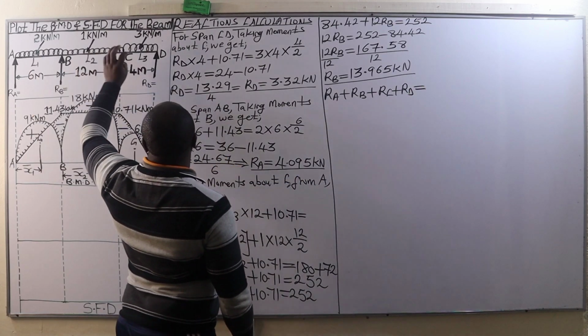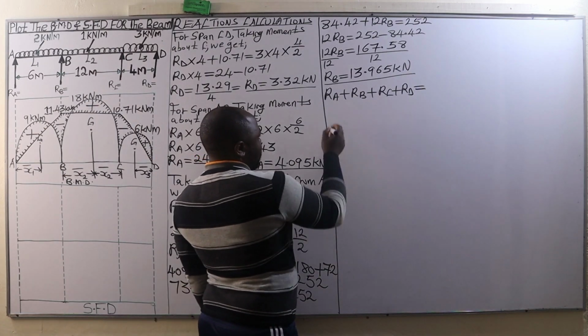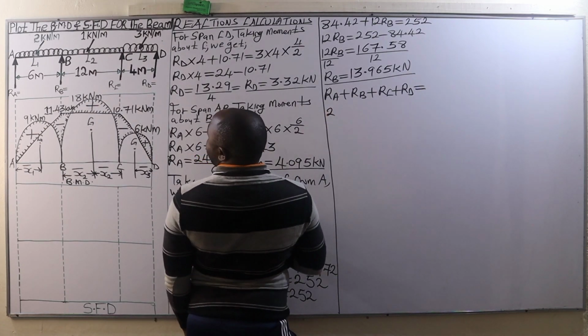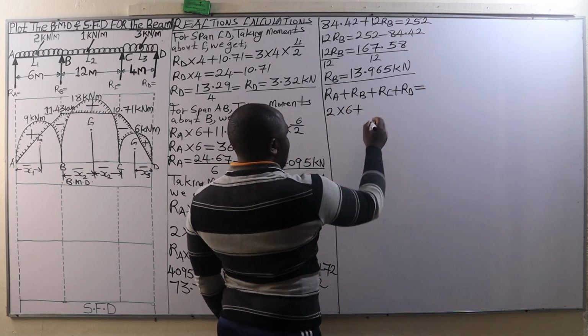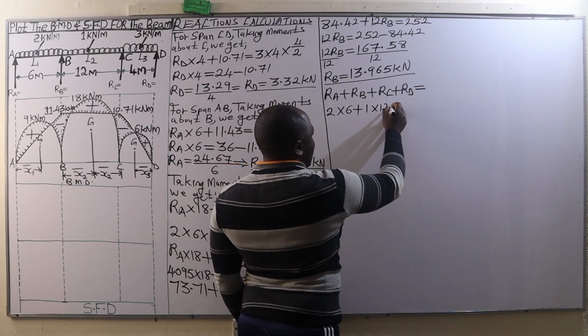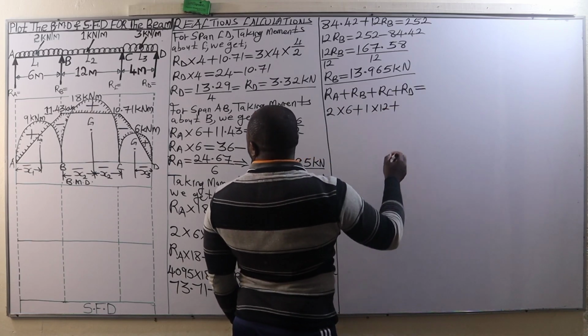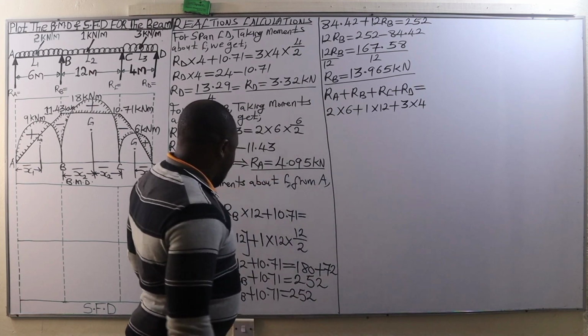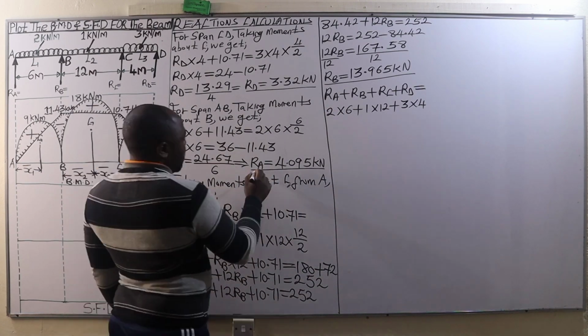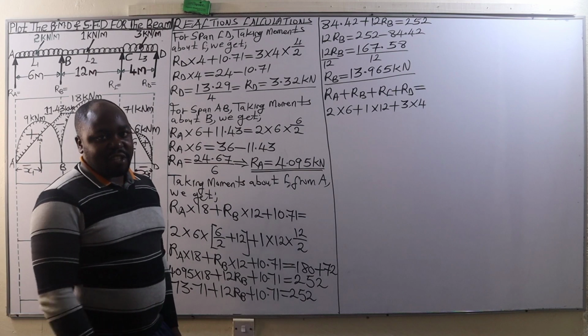We have the three UDLs, and we convert them to point loads. Span AB we have times 6. Span BC we have 1 times 12. And span CD we have 3 times 4. Reaction at A is 4.095.